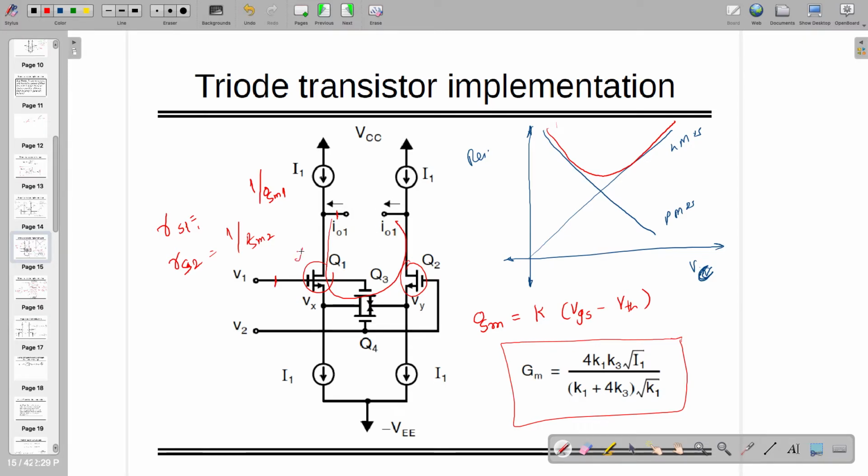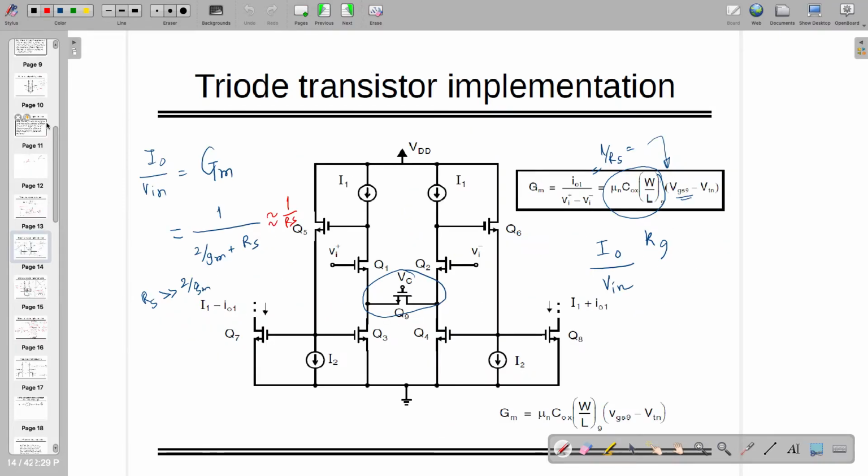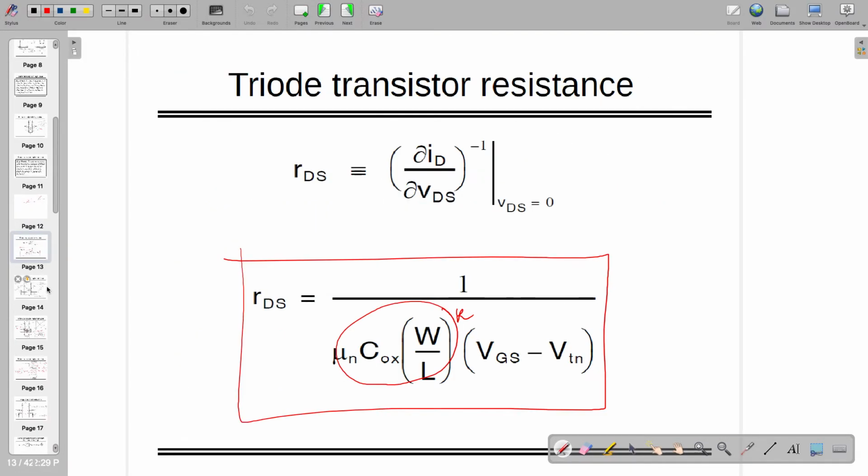One is RS1 from here, RS2 from here, and the combination of these two transistors which are in parallel. And as we know that it's actually triode resistance, so triode resistance will be RDS, or the on resistance. So that is the one that has been kept here, and that resistance value is nothing but this one, right?